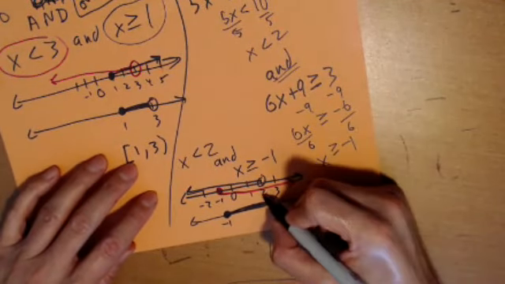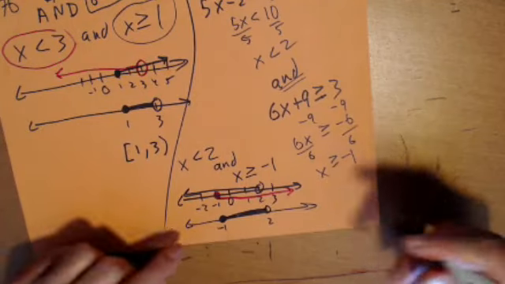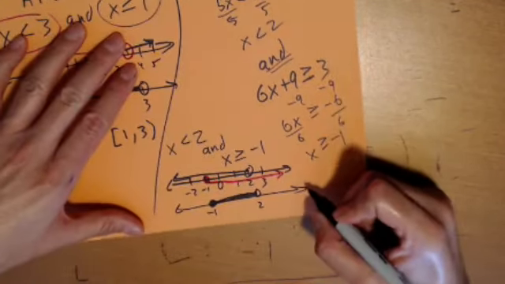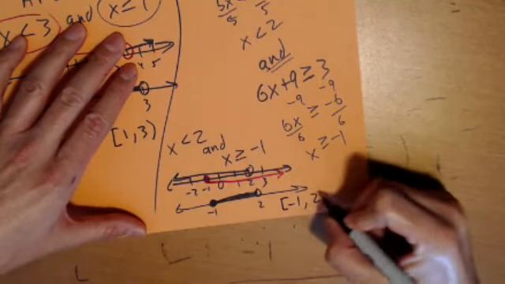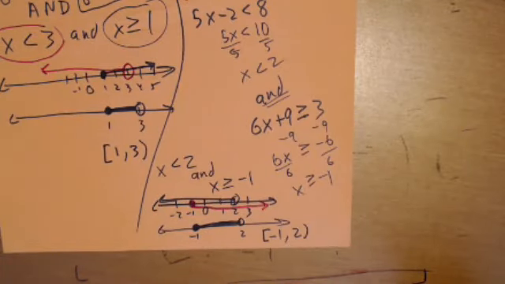Our book would have done bracket and parenthesis. I kind of like the open circle and closed circle, but this would have been a bracket, that would have been a parenthesis. So when we write it, it's negative 1 to 2, bracket, parenthesis. Ta-da!